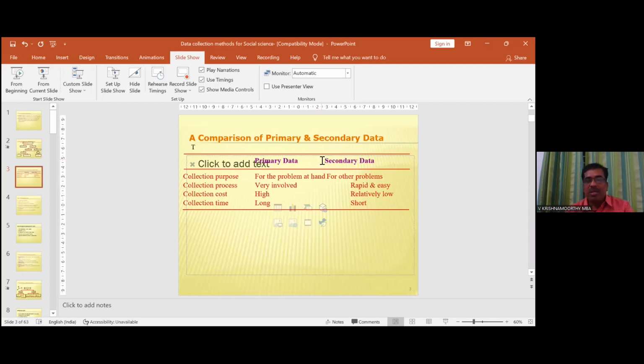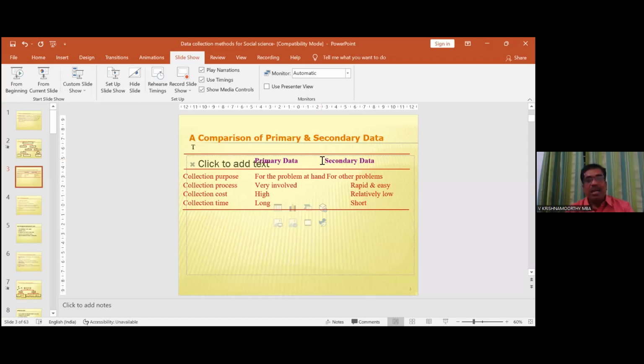Similarly, you want gross profit, net profit, profit before tax, profit after tax, operating profit, EBIT, earnings before interest and tax. You want all the profit, balance sheet, profit and loss account, cash flow statement, fund flow statement, whatever it may be, you can collect within a minute, because the data has already been stored. So it's not a time consuming one.